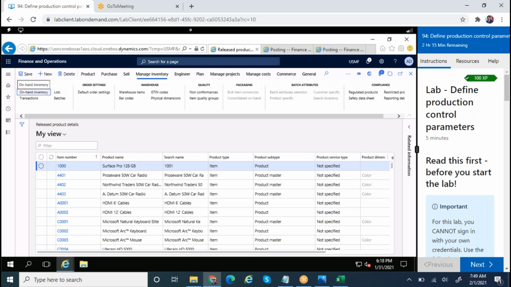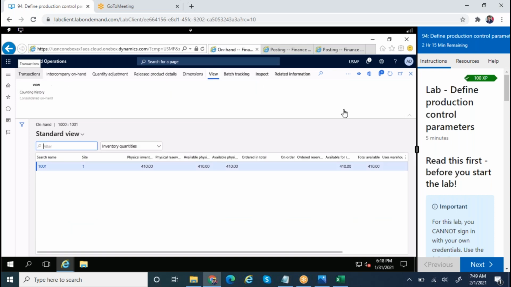In on-hand inventory, I can see quantity. So some transactions, if you go purchase, sold, it will show you all the transactions.